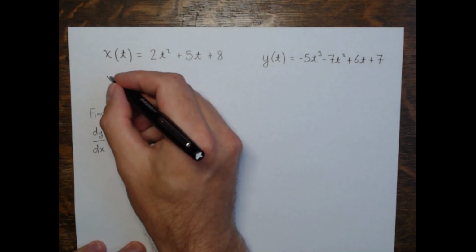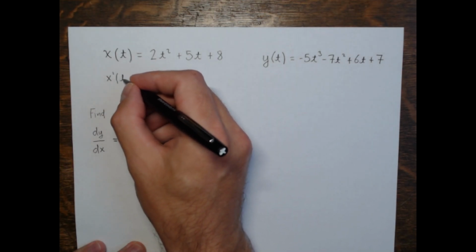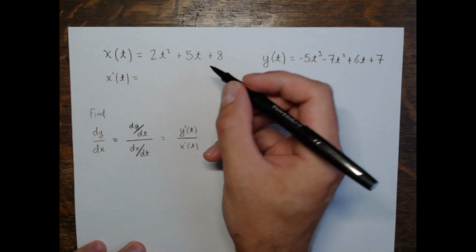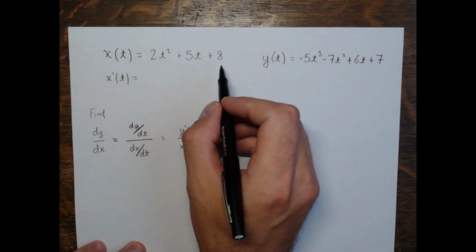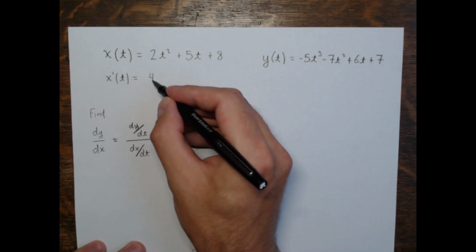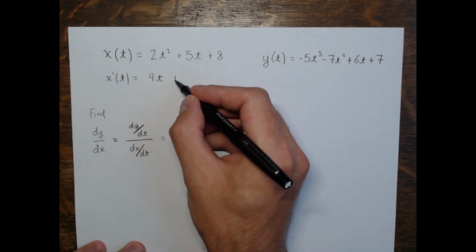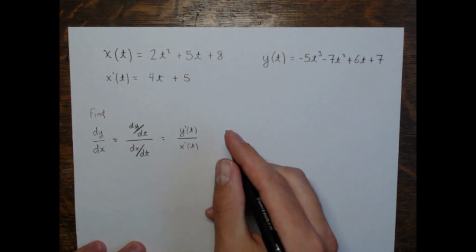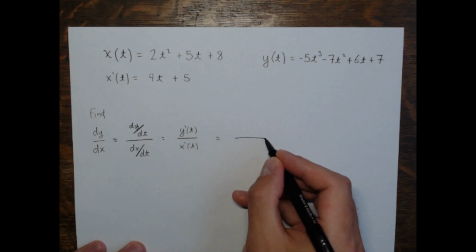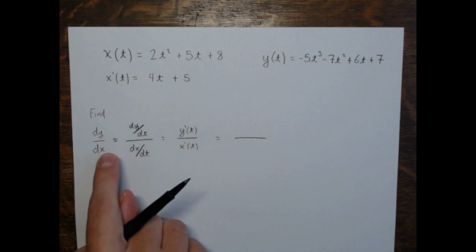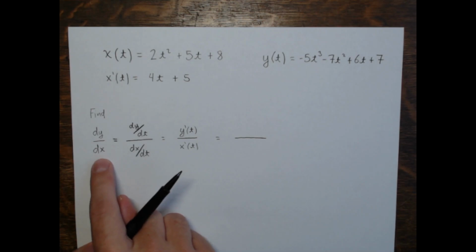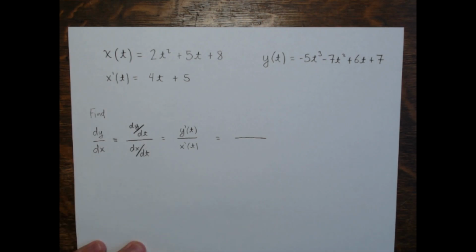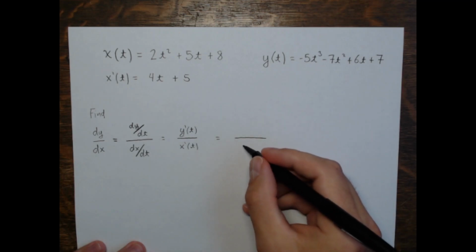All right, so I'll go here. x prime of t, or dx over dt, applying the power rule here, would be 4t plus 5. And that's that. That'll be the denominator of this expression that's going to give us slopes of tangent lines on the rectangular curve.